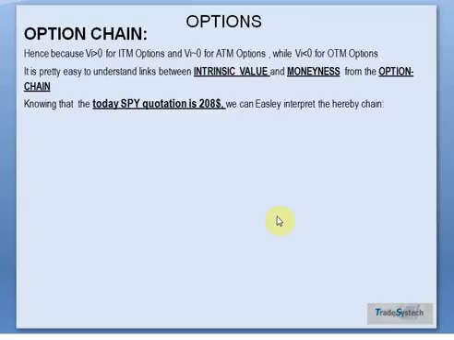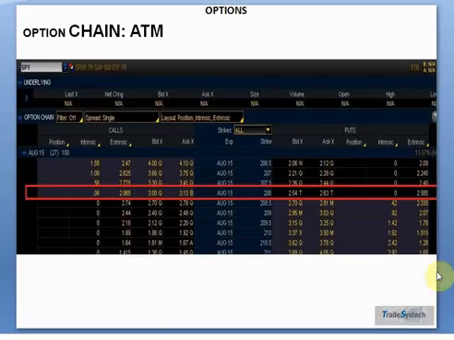Let's say that today SPY, the ETF of the Standard & Poor's 500, is 208. So 208 is the price of SPY. If I open any trading platform, you get this list of options for the calls and for the puts. Today the quotation of SPY is 208.